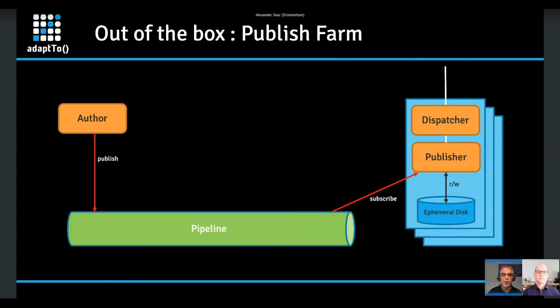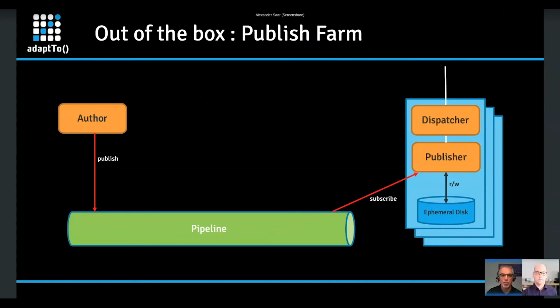Therefore, we implemented a publish-subscribe-based messaging pipeline for replication. An author publishes content by sending a message to that pipeline, and that message is received by all publish instances. As a blob store is shared between authors and publishers, only the content is replicated through that pipeline.